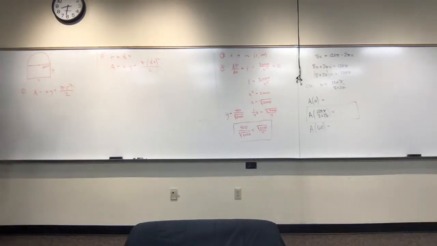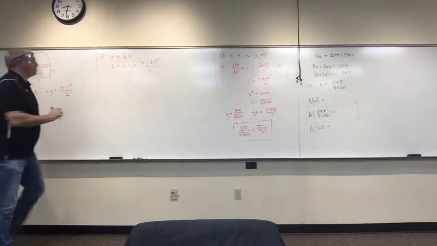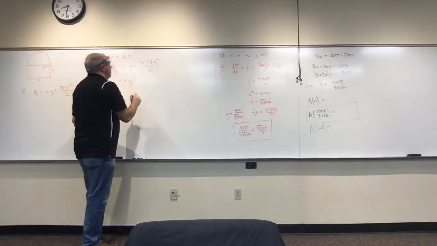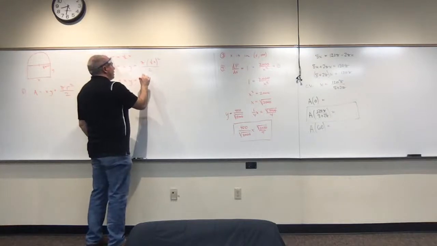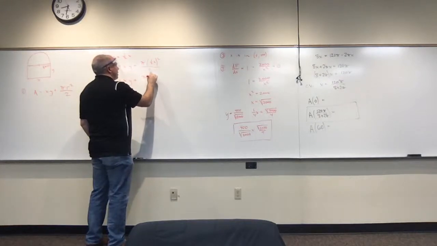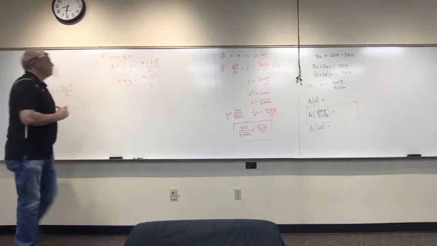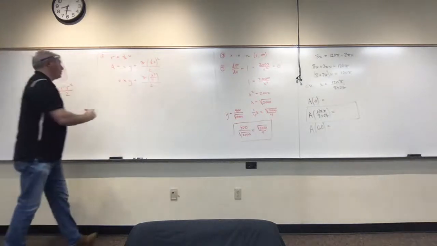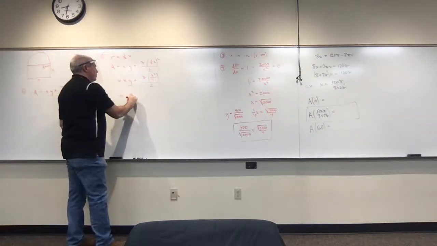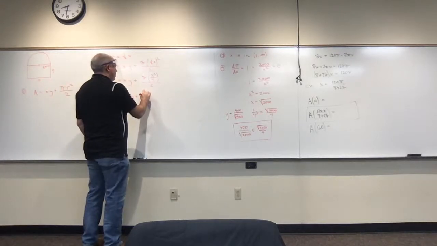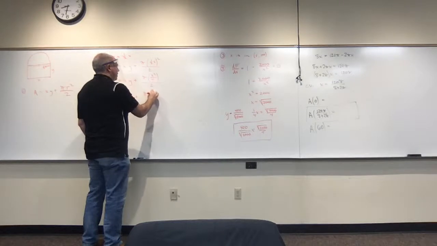Maybe I could simplify that a little bit. So this is x times y plus pi times x squared over 4 divided by 2. If I wanted to rewrite that again, this is x times y plus pi x squared on top, and on the bottom I have 8.